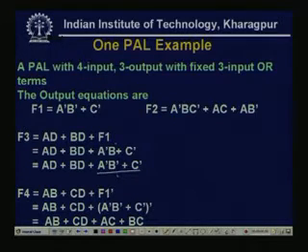Similarly, F4 consists of F1 dash, because if it is A dash B dash plus C dash, dash, this is F1 dash. Now, we see how we can realize this thing.